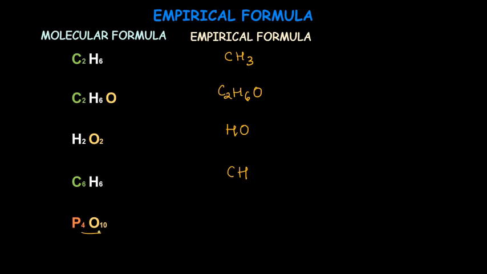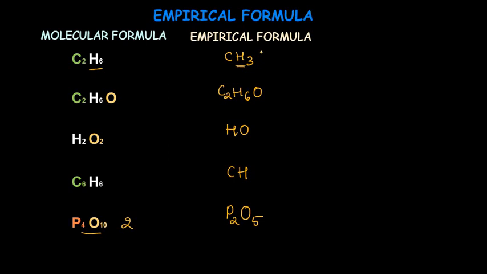Here the highest common factor is 2. So our empirical formula should be P2O5. So now we can see that we are dividing all the molecular formula by some common number which is different for each of the molecule. Dividing this number with the molecular formula, we get the empirical formula.